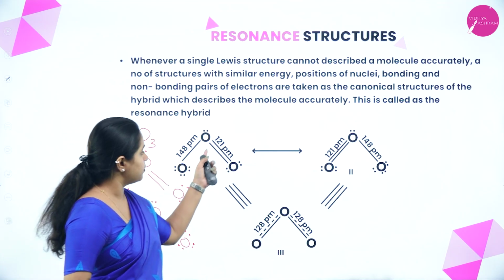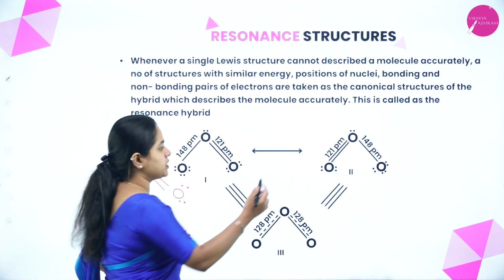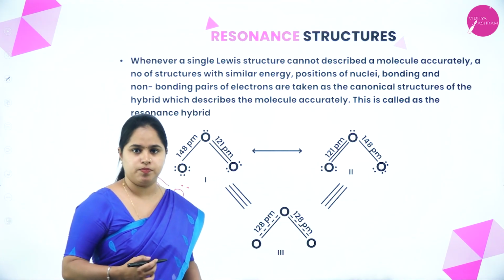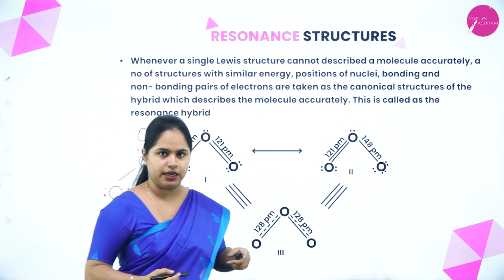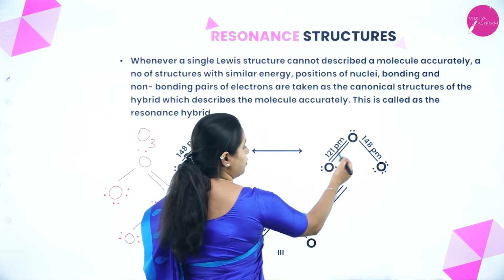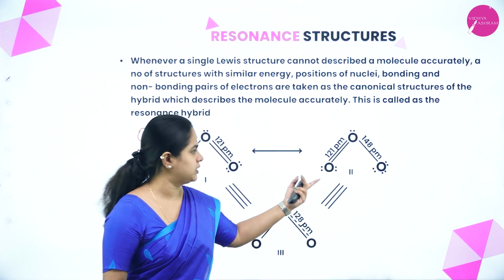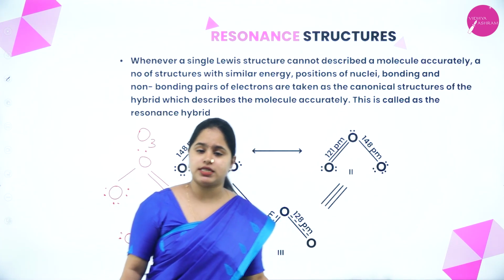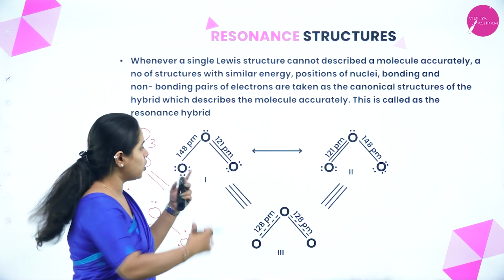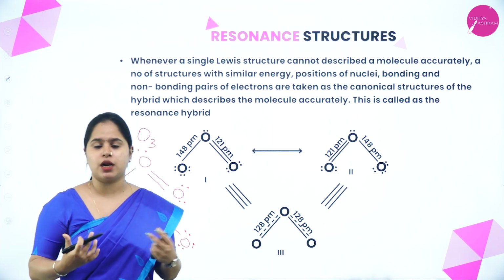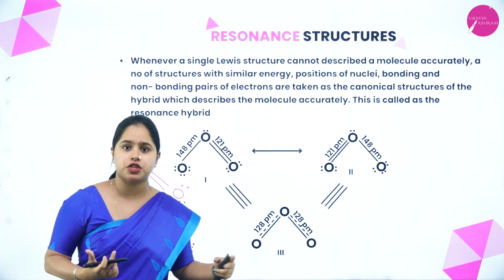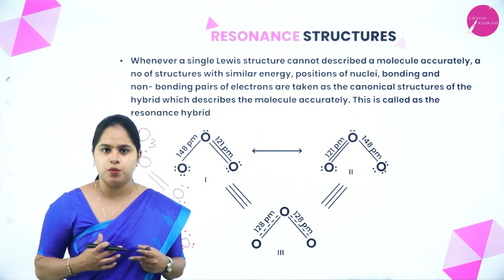The same ozone molecule can be represented in this form as well. The double bond can be here as well as here. In this structure, the double bond has 121 picometer bond length and the single bond has 148 picometer. I hope you understood that both of these structures are possible. Both Lewis dot structures are correct for the ozone molecule.